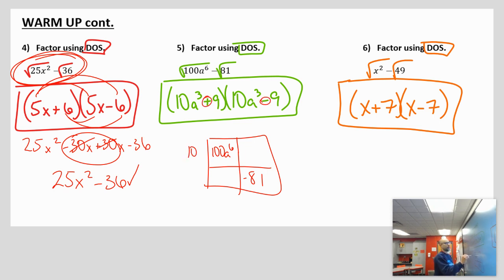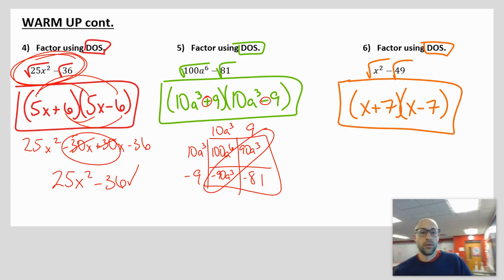So I know this has to be 10 and 10, a to the 3rd and a to the 3rd, because when I add the exponents together, I get whatever's inside there. And then I know this has to be 9 and 9. One of them has to be negative to get negative 81. And then just double checking, these need to add up to 0. So you have 90a to the 3rd, negative 90a to the 3rd, and those add up to 0.